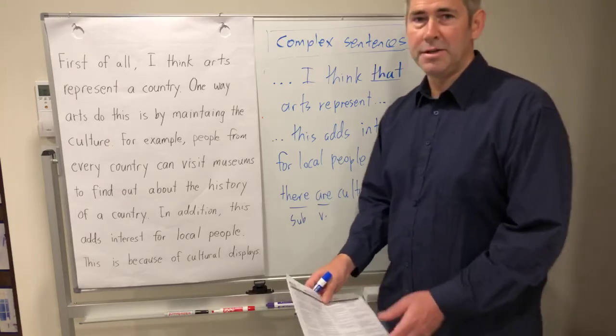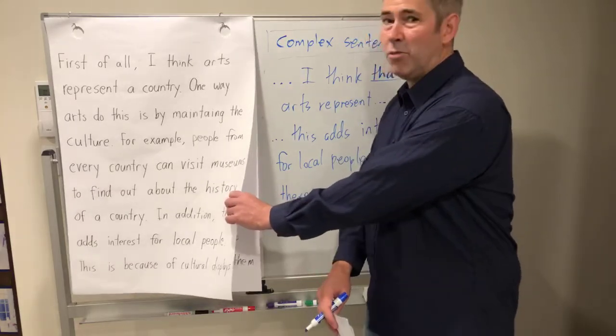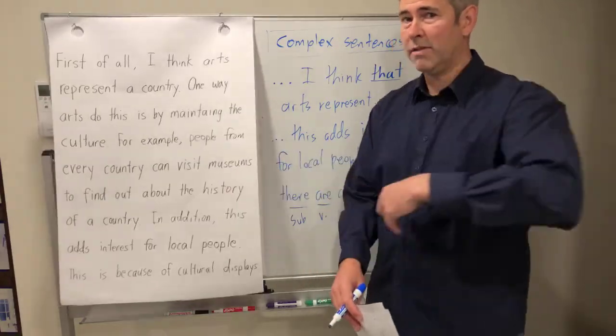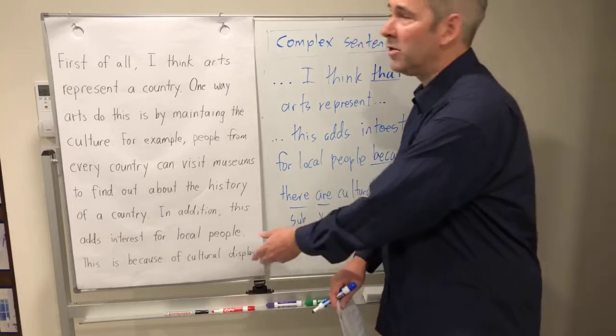Okay, what I want to do now is move on to the next main body paragraph. And what you'll see on this sheet are two paragraphs, the main body paragraph, and then the conclusion underneath it.